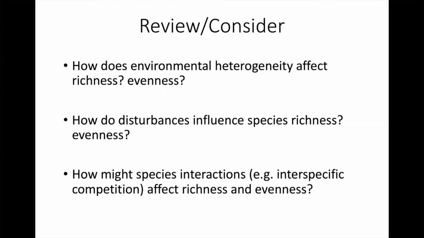Would you expect a less heterogeneous environment, a more homogeneous resource distribution, to be dominated by one species or by many species? If resource availability is the same across the whole environment, would you expect a lot of species or just one species?